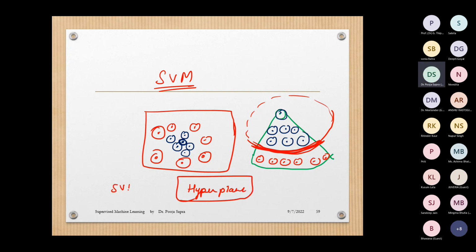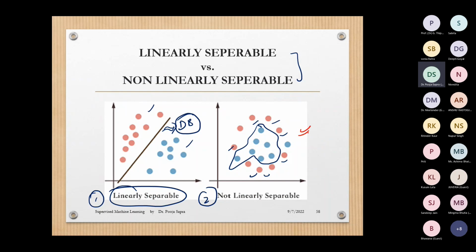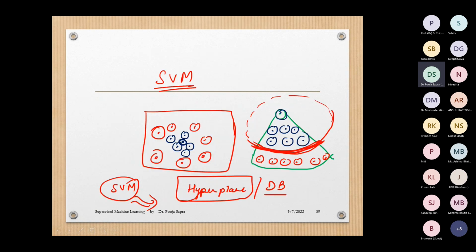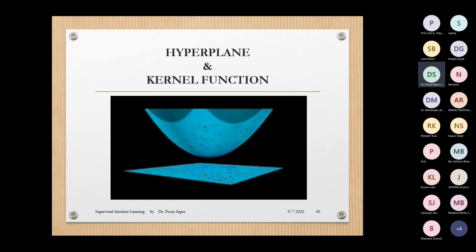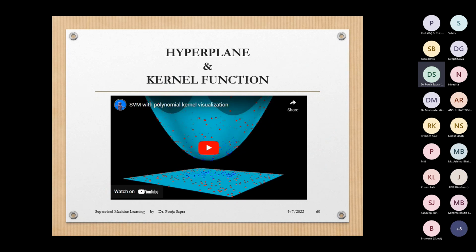So in case of SVM, we want the hyperplane or decision boundary of the data which is not linearly separable, just like this. If you cannot identify the category on the basis of features, you cannot identify in which category it would go. So you would be talking about SVM. And here, this is the thing that would work. This is there in this video also. You can just check it out.